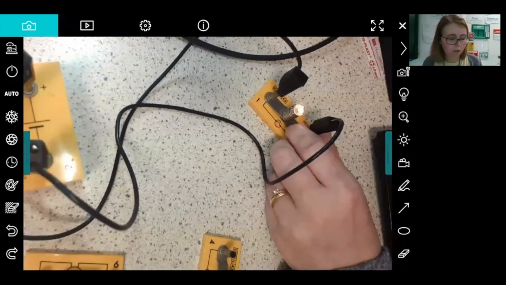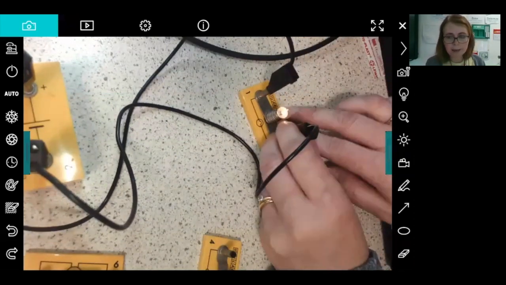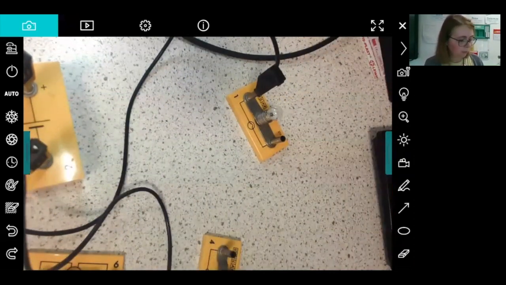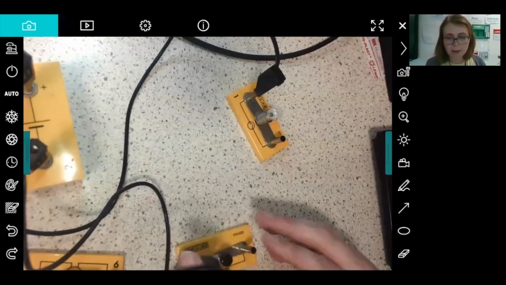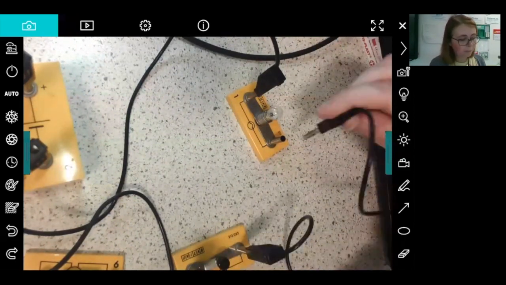In this circuit at the moment, we've got your light bulb, and if you wanted to introduce a switch into that circuit, again, you could just get your wires involved and let them play and explore with some of this equipment.